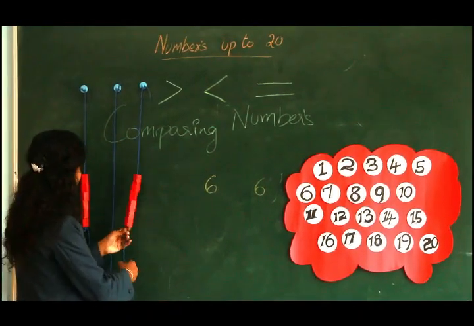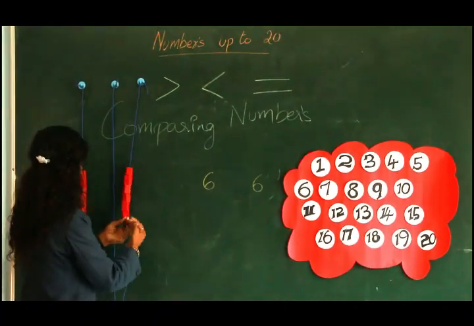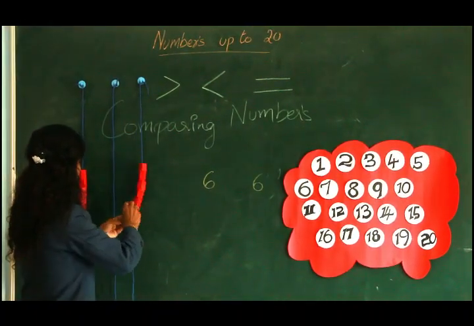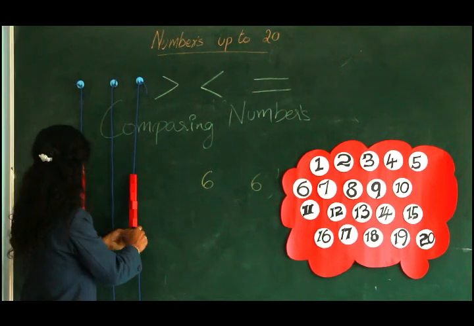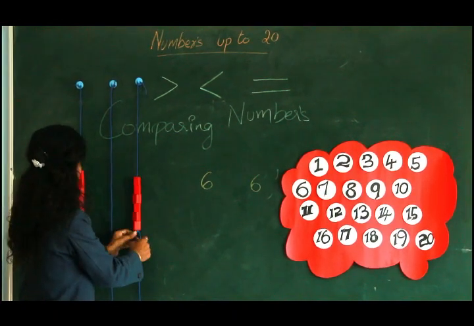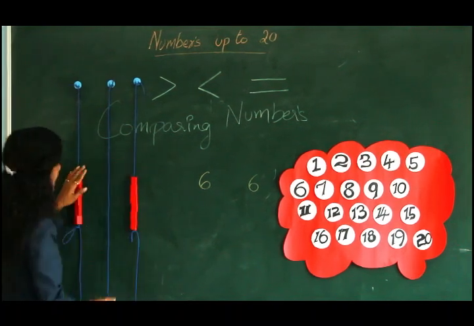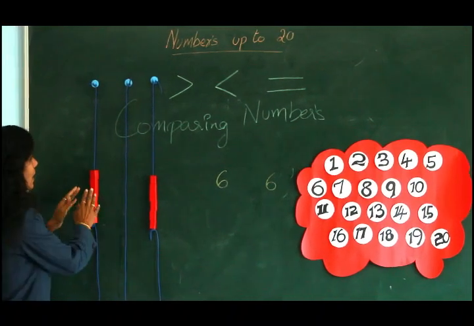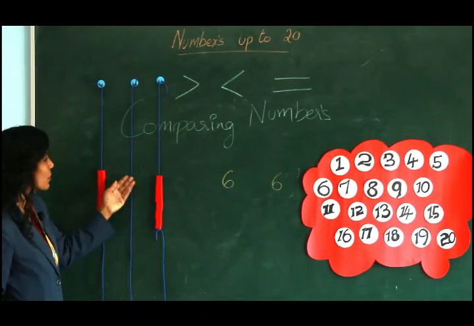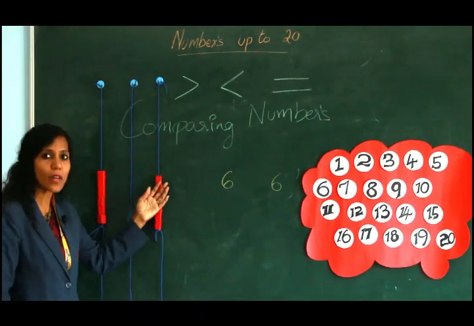Another 6 beads. So here we see 6 and 6. Both are same. Neither this is more nor this.